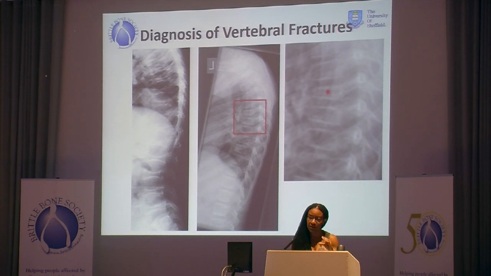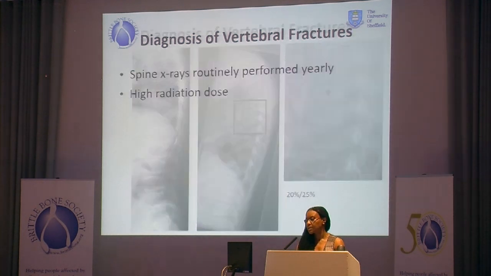So these severe fractures, we can pick them up and agree amongst all ourselves that the fracture is there. It's not called a fracture until there's loss of 20% or 25% height, depending on which author, which researcher you look at. But that means that until it's lost height of 20% or 25%, it may still be a fracture. It's just that we're not calling it a fracture.